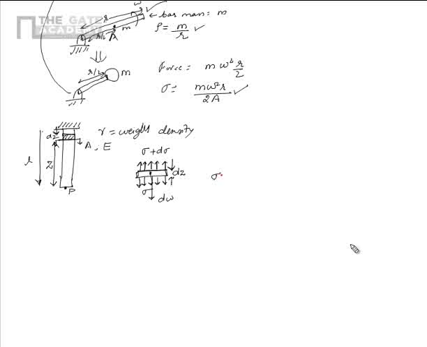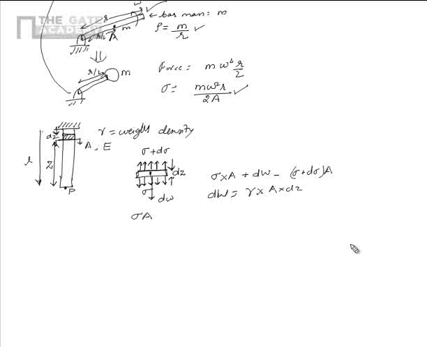Now we write the force balance. Sigma multiplied by A, that's the downward force, plus the other downward force, which is dw, is equal to the upward force, which is sigma plus d sigma into A. Now what is dw? dw is nothing but the weight density multiplied by its volume, which is A into dz. So I put that here.